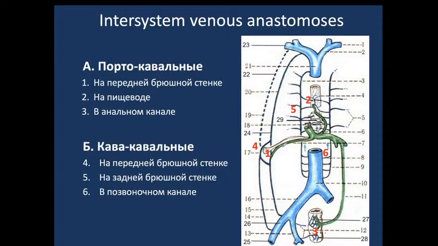We distinguish some kind of anastomosis between the portal system and the superior and inferior cava systems, and we call them portocaval anastomosis.